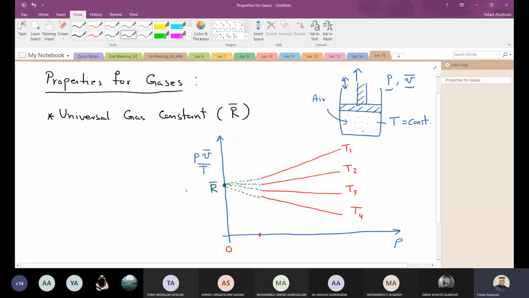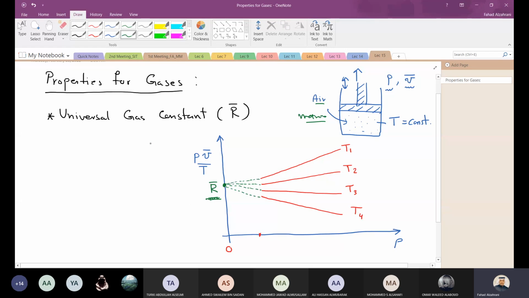Where is the shock? The shock is when they changed air to, let's say, methane, the same thing, the same extended value was reached. They changed methane to water vapor and repeated the experiment. They also reached the same value of PV over T.